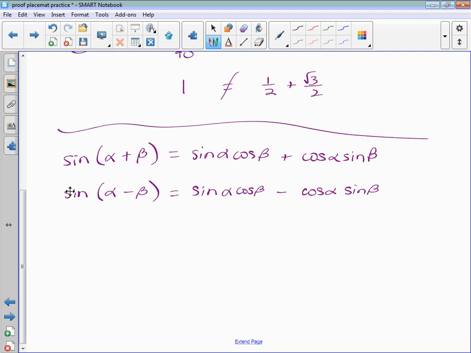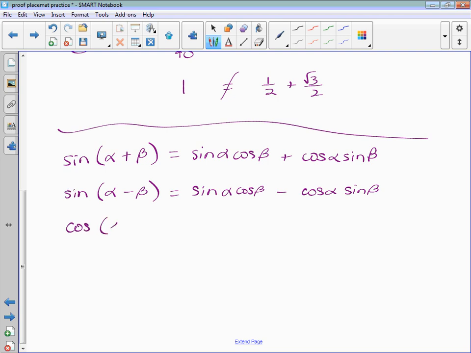These are different than the ones in your packet, okay? The ones in your packet are fine. This is just a more straightforward approach. The big rectangle thing in your packet is where these all come from, and we can derive it, but we're going to just look at our formulas to start with. So those are your two formulas for sine. Very similar, right? Add, you add. Subtraction, you subtract. Okay. Let's do cosine.